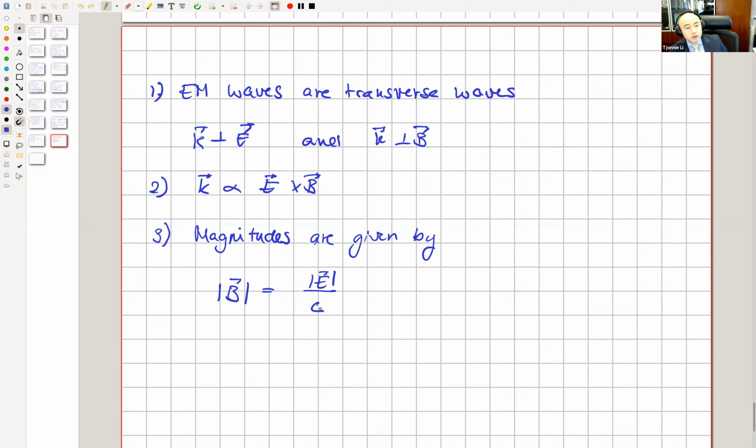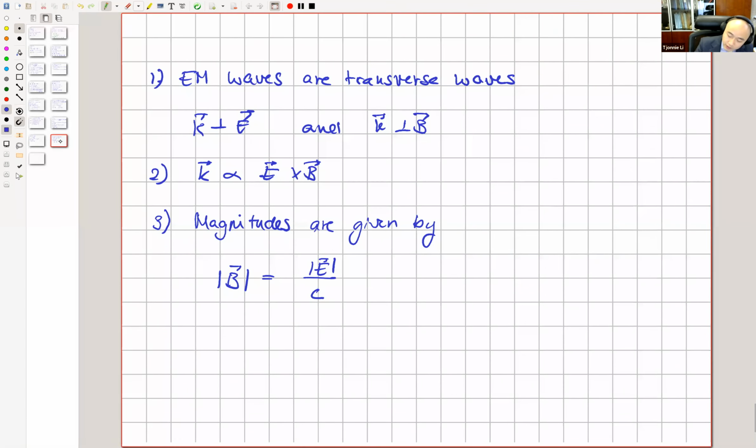Okay, so simply by looking at the wave solution and putting it back into Maxwell's equations, we end up with these three properties of the electromagnetic waves.